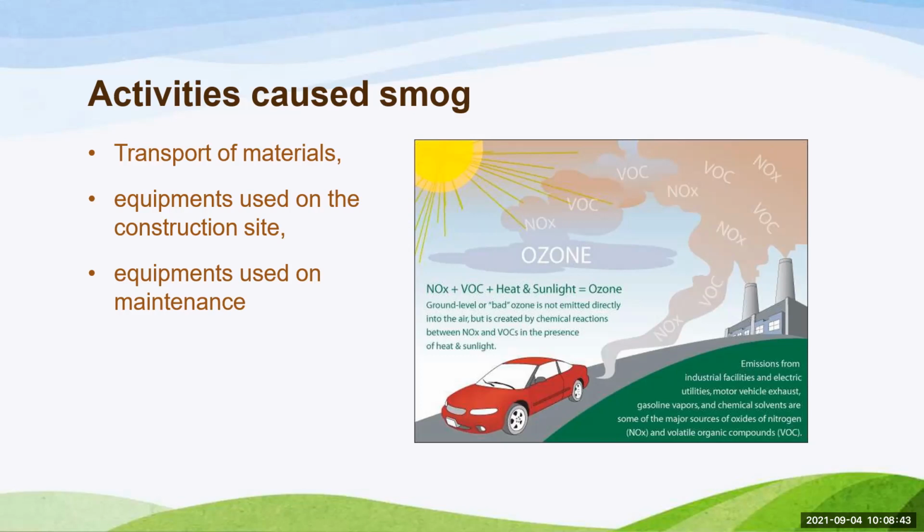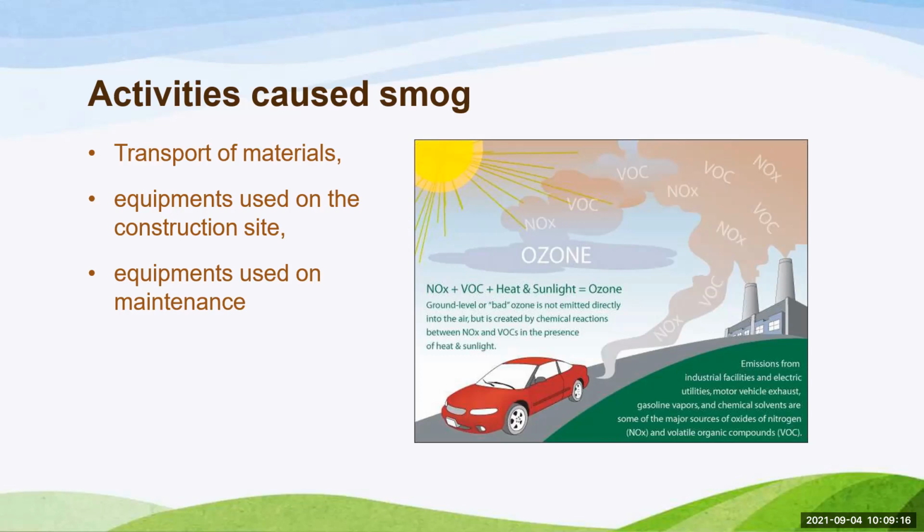VOC and NOx emissions create smog. These emissions come from industrial facilities, electric utilities, motor vehicle exhaust, gas vapors and chemical solvents, the major sources of oxides of nitrogen, NOx, and volatile organic compounds. The reaction is NOx plus VOC plus heat and sunlight equals ozone.